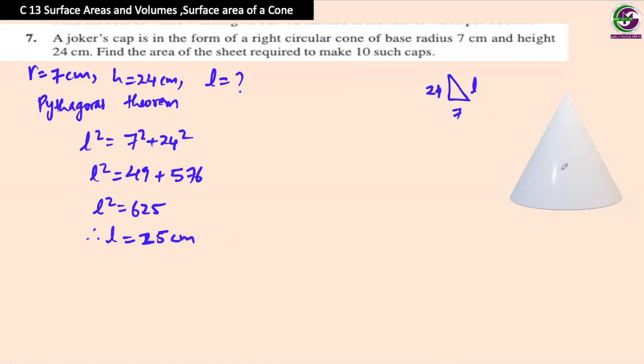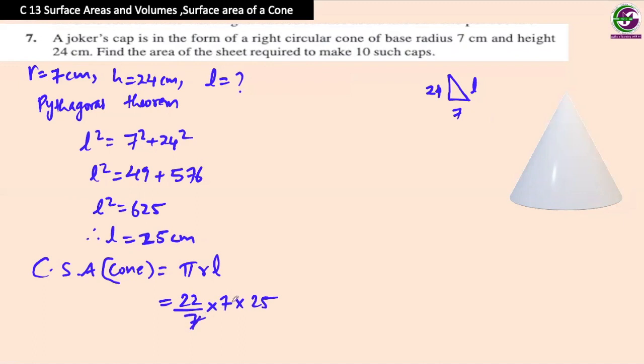Now the cap, of course, it will be the curved surface area because the base will not be closed. Curved surface area of a cone, once again, we apply pi RL. We are not asked to use 3.14, so 22 by 7 multiplied by 7 multiplied by 25, which will be again 550 centimeters square.